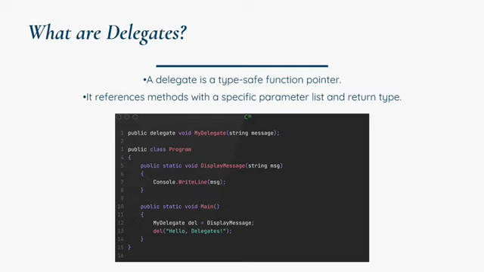In this example, MyDelegate is a delegate type that takes a string parameter and returns void. And DisplayMessage is a method that matches this delegate's signature. Here we create a delegate variable and assign it the DisplayMessage method.